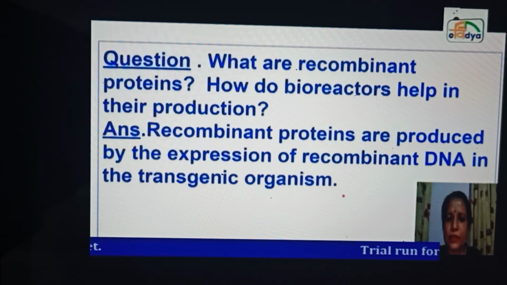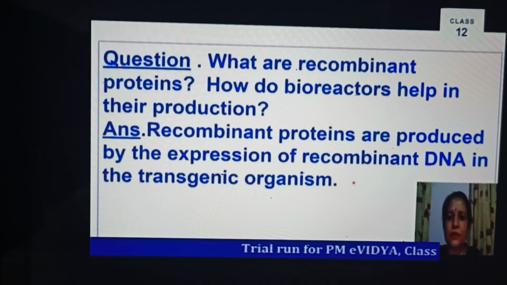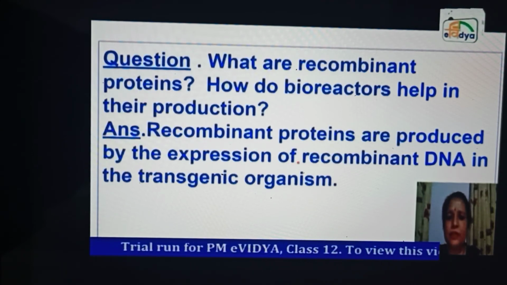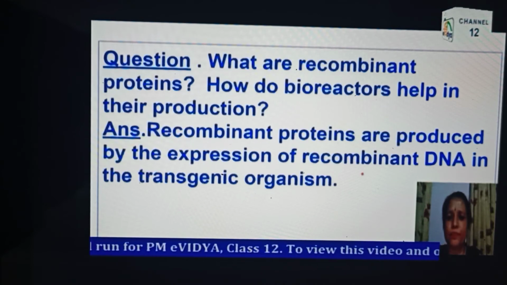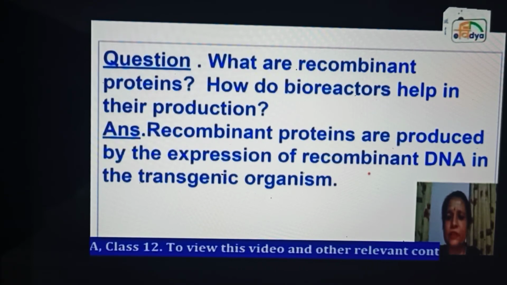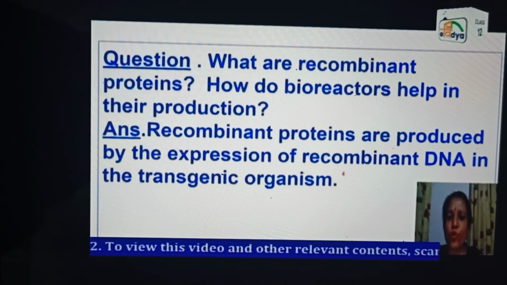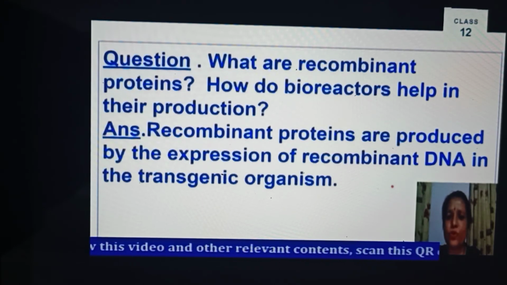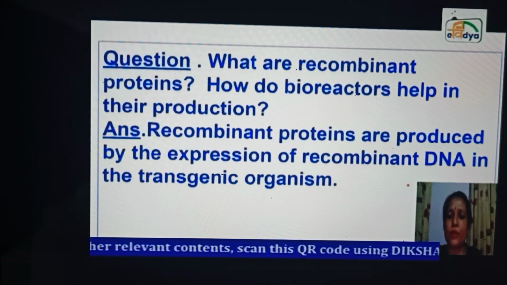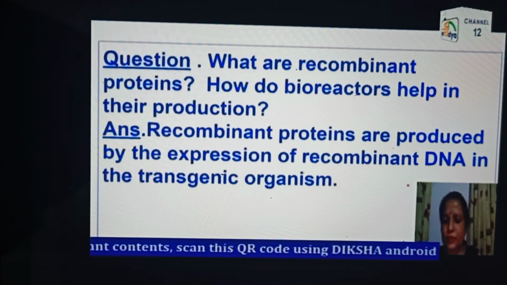If we take an example of insulin, that is a desired gene. It is introduced into the host cell and it shows its expression in it. Then that type of host will be known as a heterologous host, and the protein which we obtain from it will be known as recombinant protein.